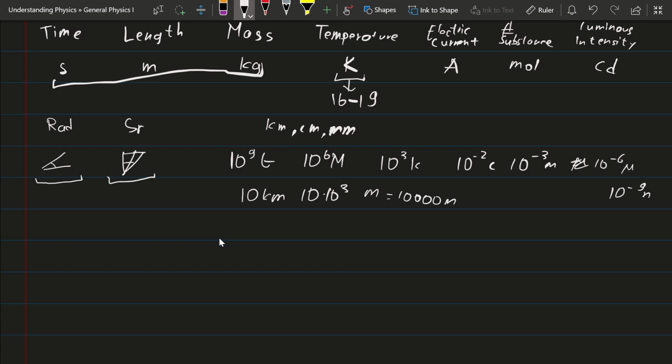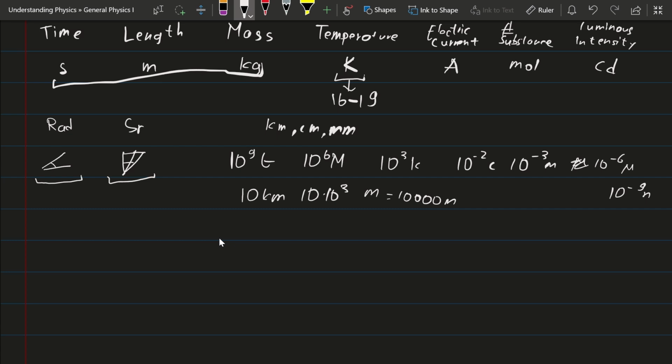And this works for every single unit. Especially for the kilogram, the kilo is already 10 to the power of 3, so that the gram is 10 to the power of negative 3 of the kilogram.